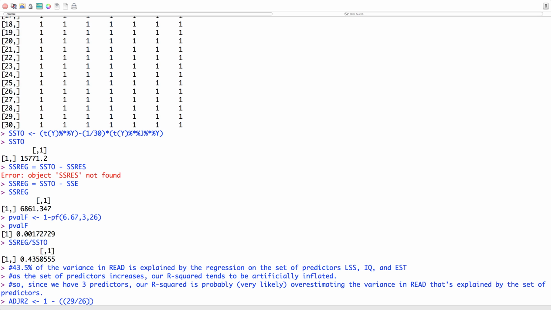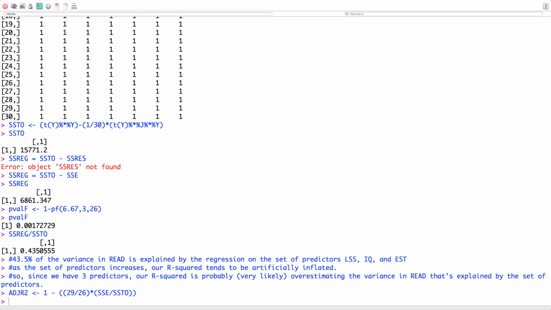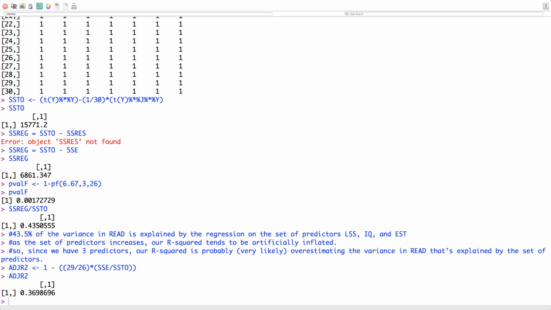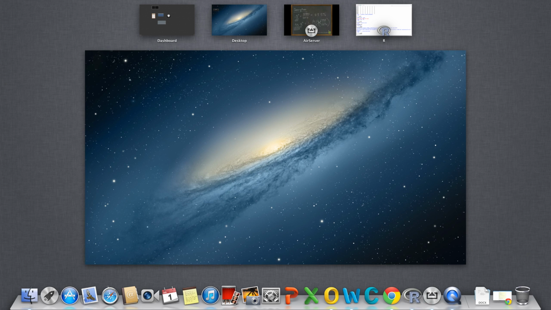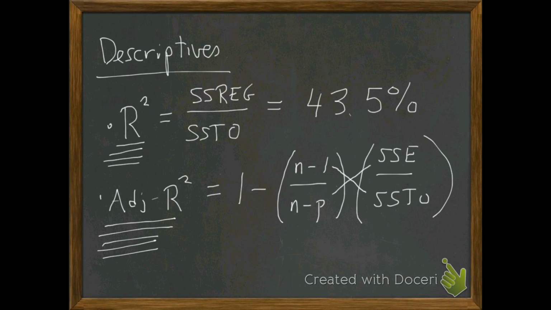And I need to multiply by sum of squares for the error over sum of squares for the total. Guys, the adjusted R squared is going to be 37.0%, or well, 36.99% if we go out two places. I think I'll do that.